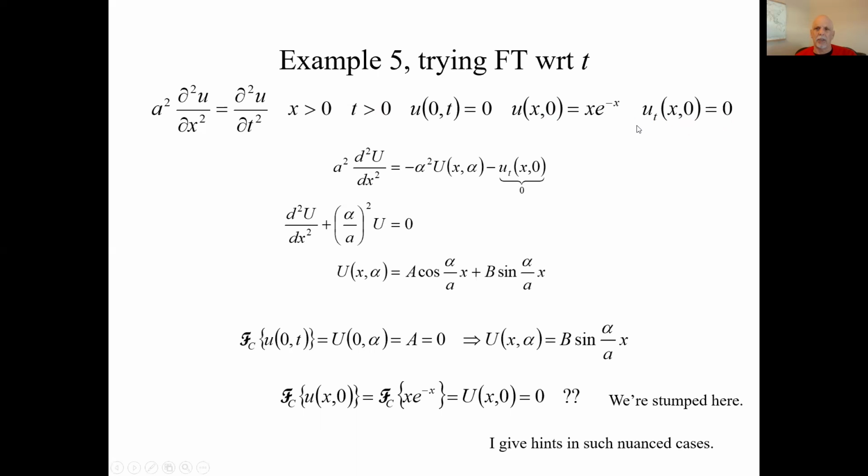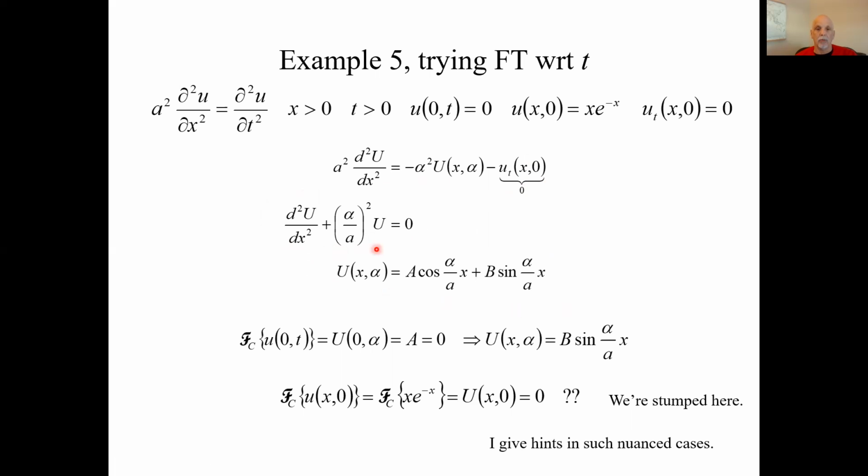I'll use this one, and it shows up as a derivative, so I'll use the cosine transform. Here I have a squared. This part is just the second derivative of big U with respect to x. On the right side, I have the cosine transform of U with respect to t. There it is from the formula. In this case, that's a 0. It leads to this ordinary differential equation, which is a good old standard form.